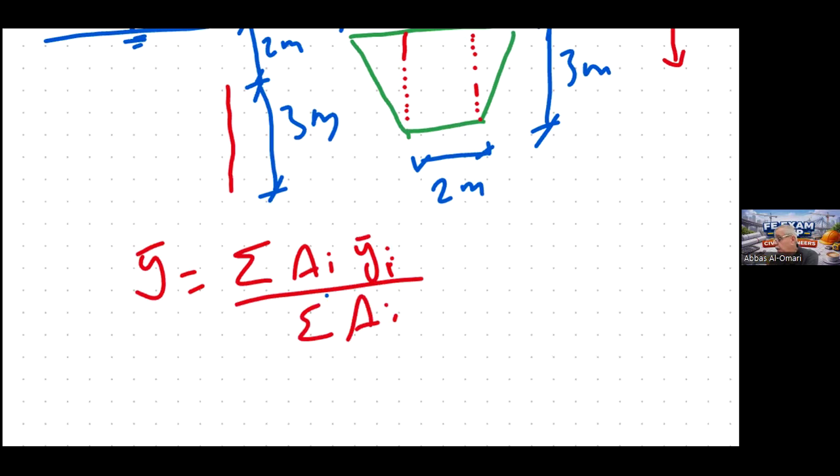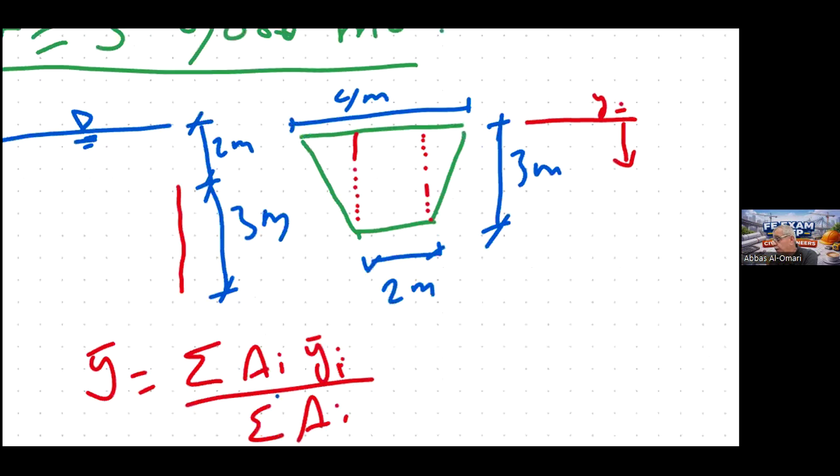We have one which is a triangle, and we have 2 which is a rectangle, and we have 3 which is also a triangle.